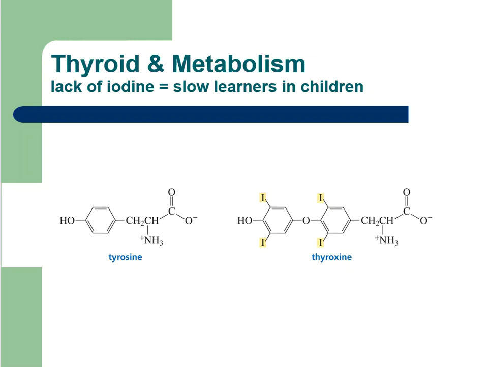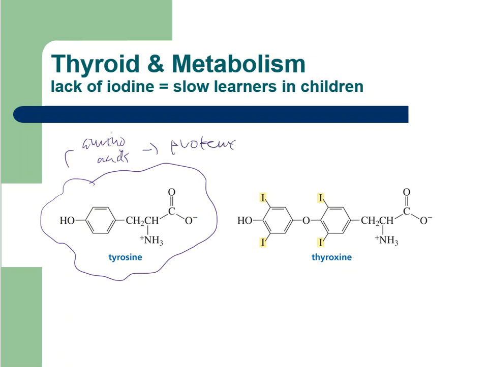Well, there's also an amino acid. And this amino acid is called tyrosine. And that's what you're seeing over here on the left-hand side. So this tyrosine is an amino acid. Amino acids actually hook up to make proteins in your body. There's about 20 some amino acids that are out there. They all have different R groups. And what I mean by R group is that they all have something in common, and that's a carboxylic acid piece, C double bond OOH.